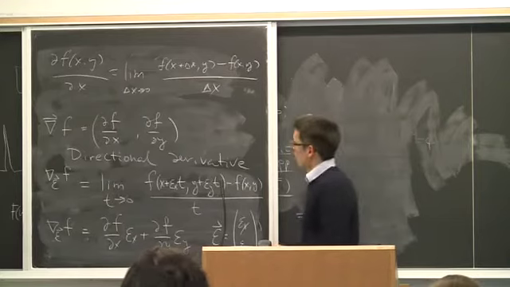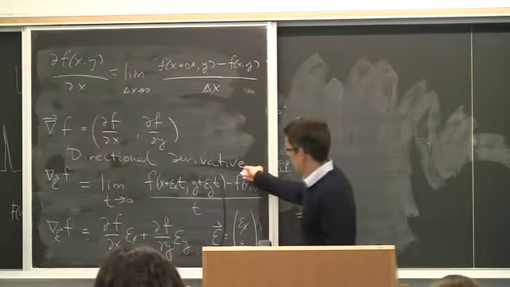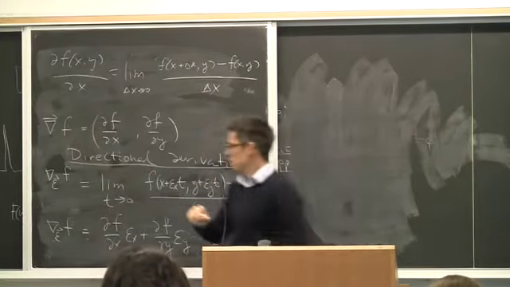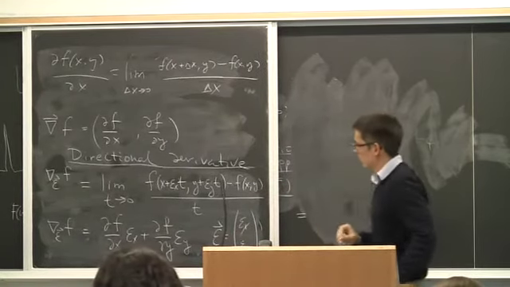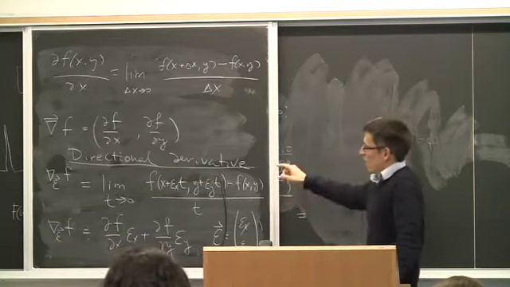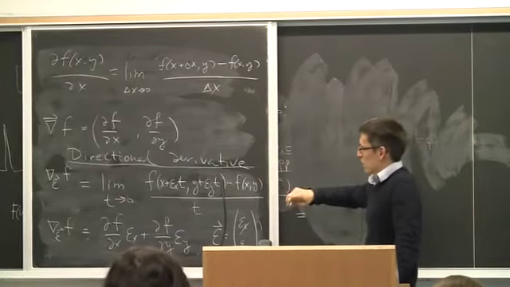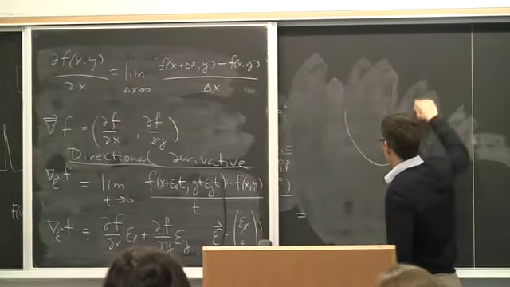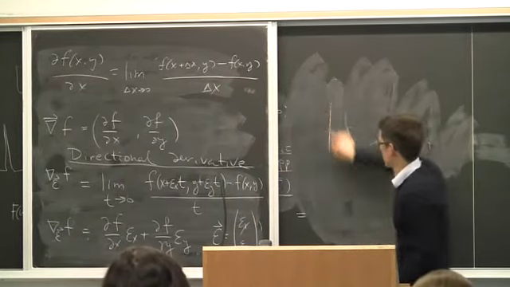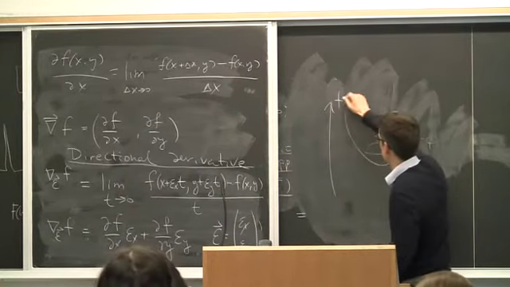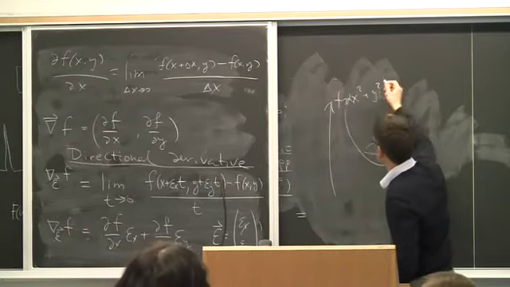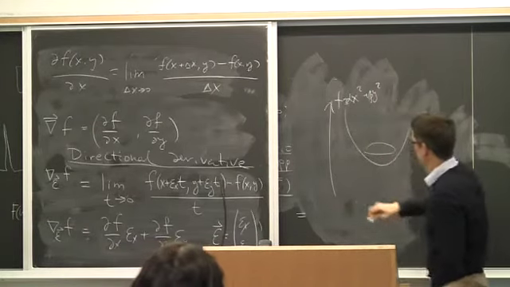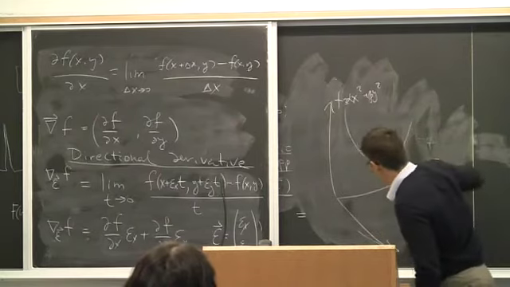Also, there is the so-called directional derivative that will be very important for our variational approach. Say you have a function, a paraboloid, that's our function f, and it's alpha x squared plus beta y squared, with some coefficients.